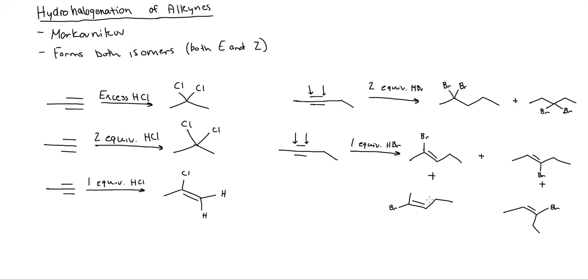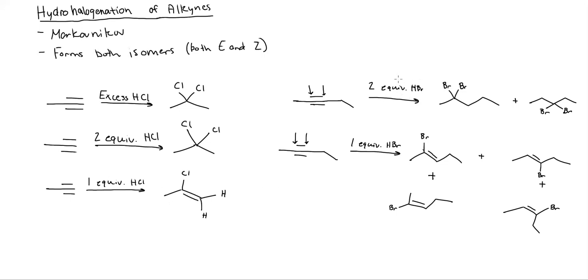But this is basically everything. So if I have excess HCl or 2 equivalents of HX, right? It doesn't have to be HCl, it can be anything. With a terminal alkyne, I get a geminal dihalide, and I just get 1 product. 1 equivalent is going to give me, with a terminal alkyne, this vinylic halide.